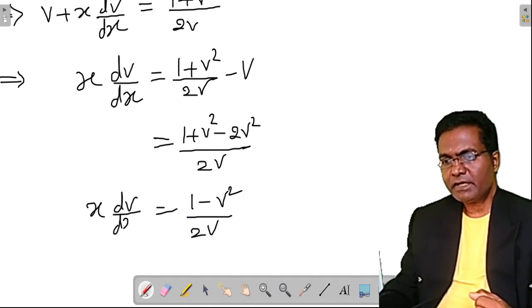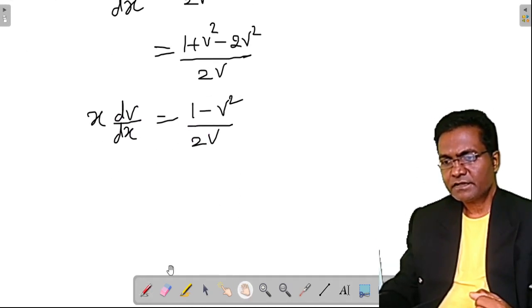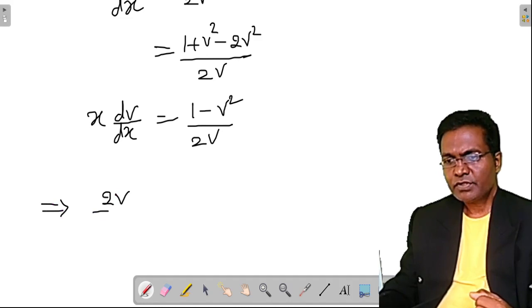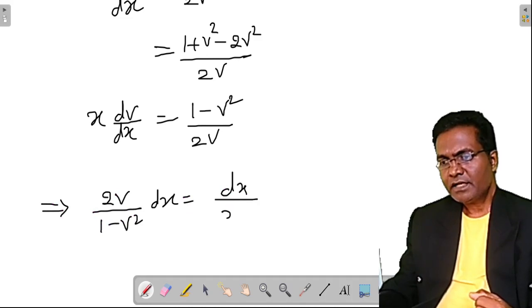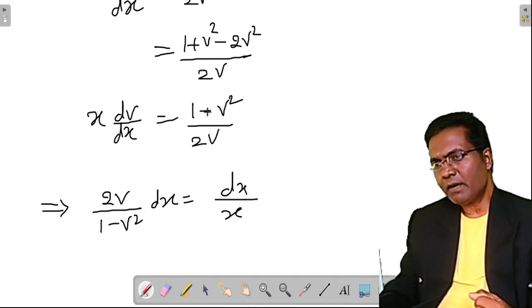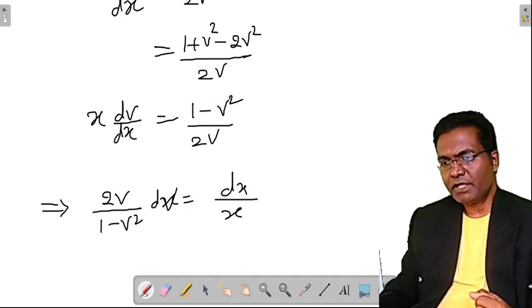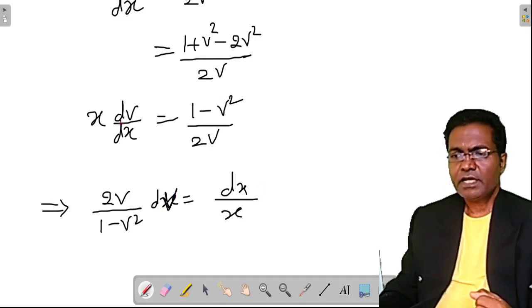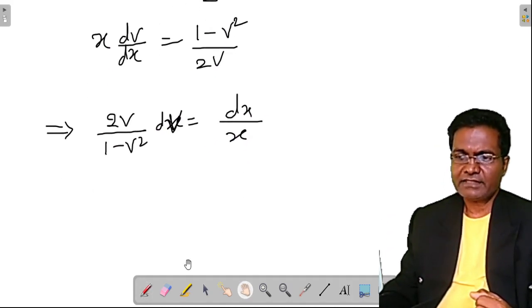This is x dv by dx. Separating the variables, 2v by (1 minus v square) into dv equals dx by x.